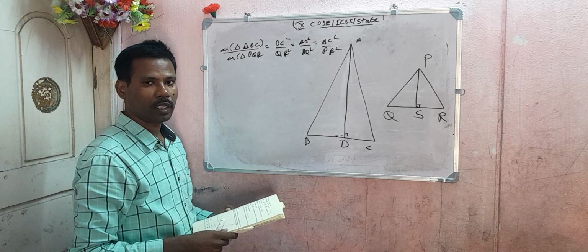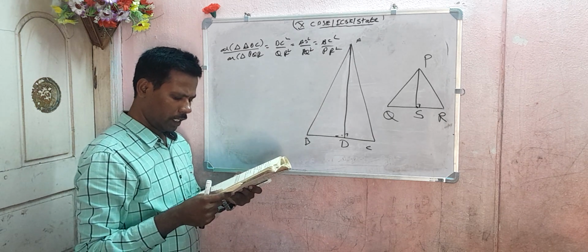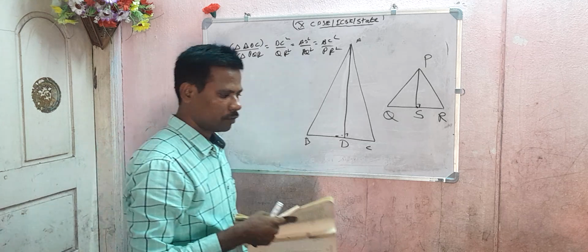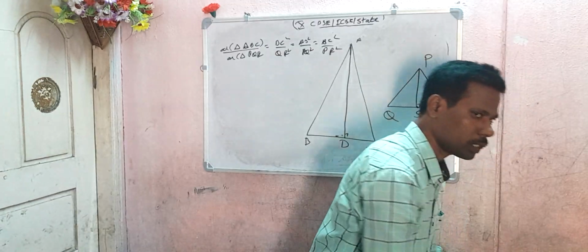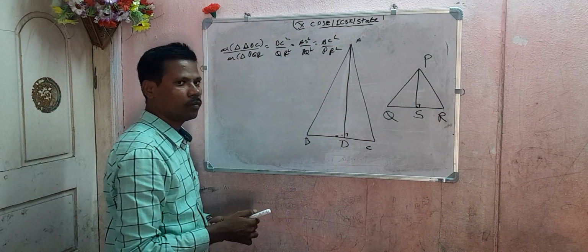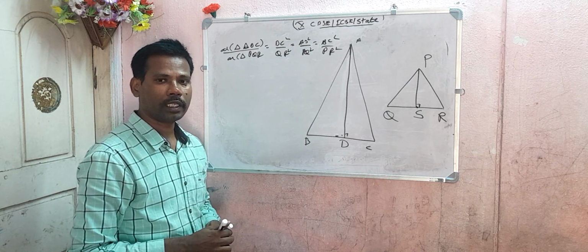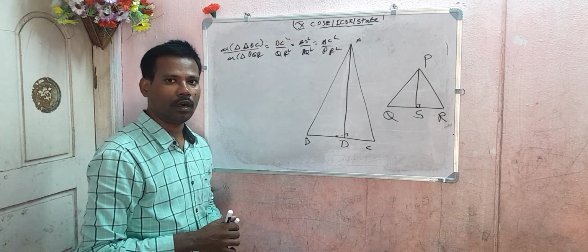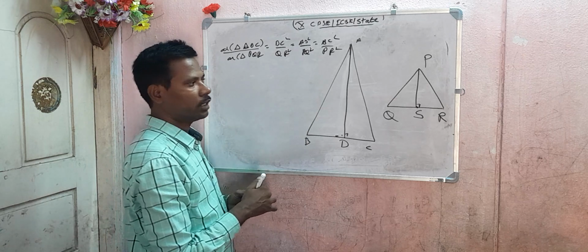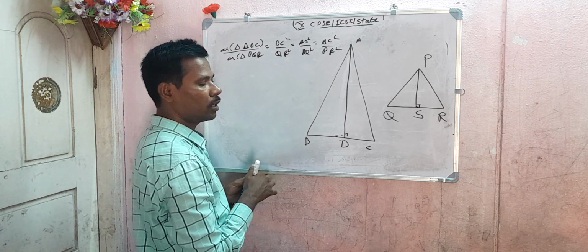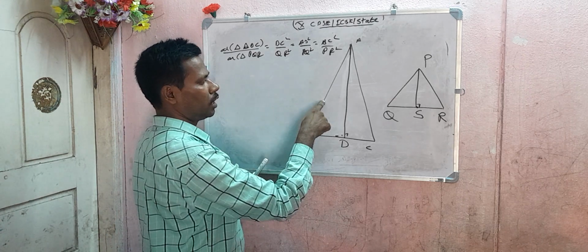Corresponding sides, squares of any two corresponding sides of the triangle. What does it mean? Squares of any two corresponding sides. Corresponding sides means I have already explained. What is the side corresponding to this?